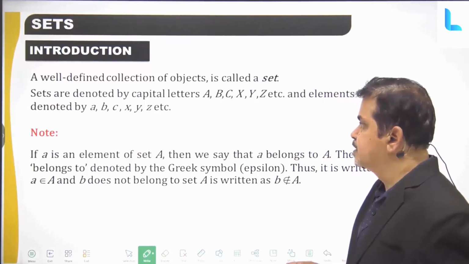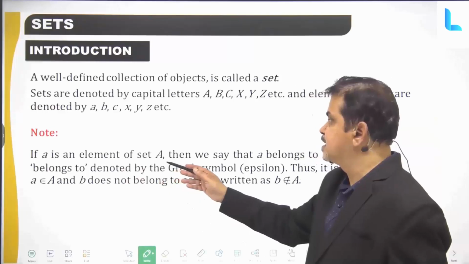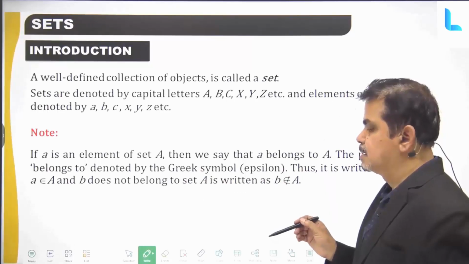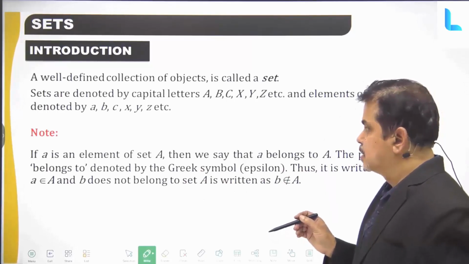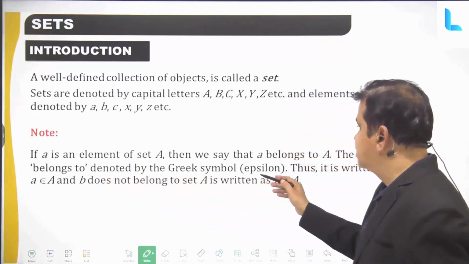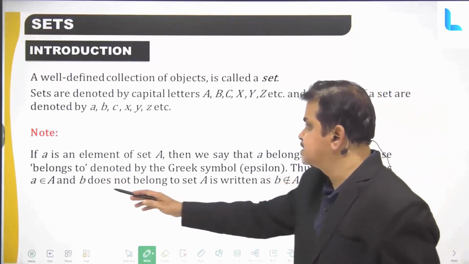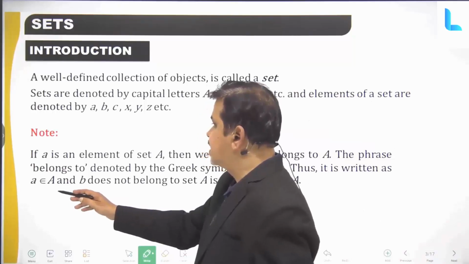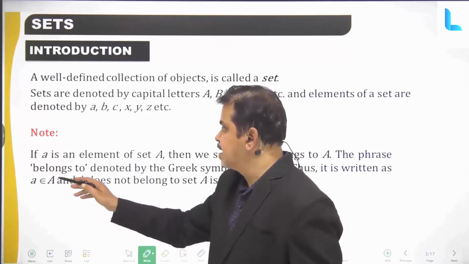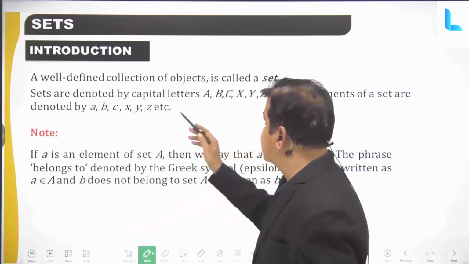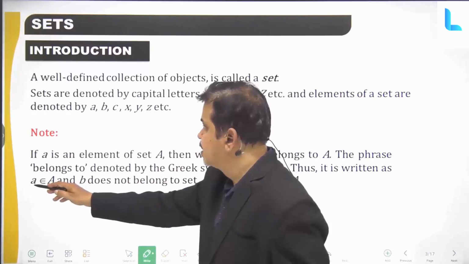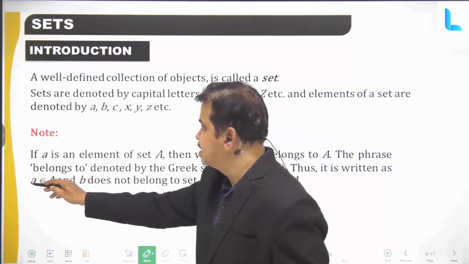Note that if a is an element of a set A, then we say that a belongs to A. The phrase "belongs to" is denoted by the Greek symbol epsilon, and thus it is written as a ∈ A. Here the capital A is the set and the lowercase letter a is the element.